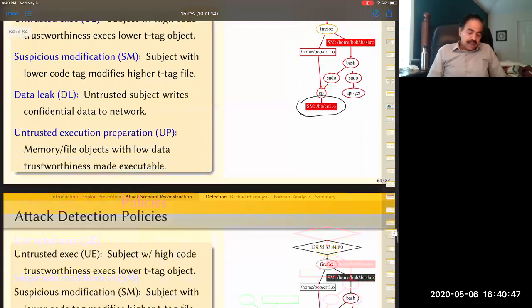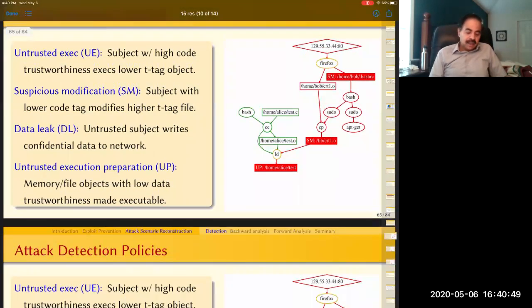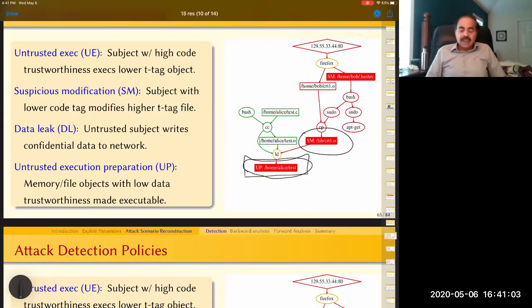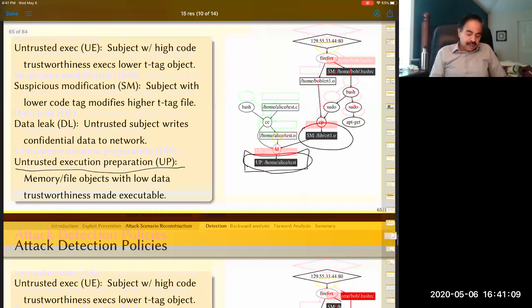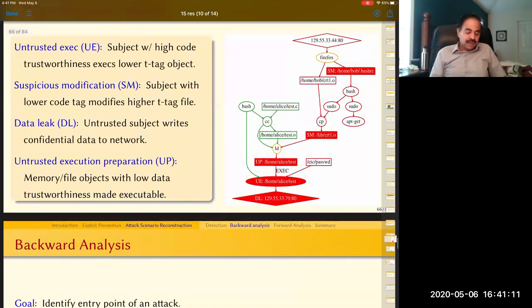And then, when the compiler produces an executable that is derived from this untrusted file, and ultimately makes that binary executable, then once again, this untrusted execution preparation alarm will go off. And finally, when this untrusted code is executed, you'll have an untrusted execution alarm.